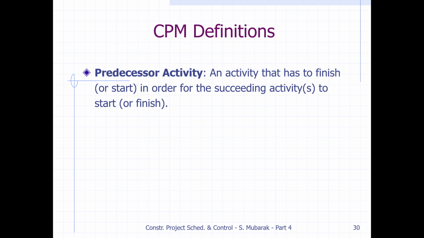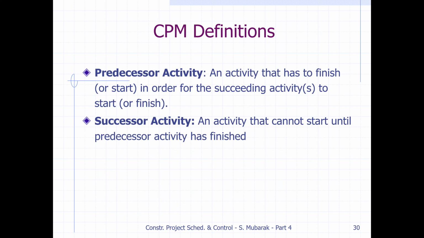Predecessor activity, a simple definition: the previous activity, an activity that has to finish or start in order for the succeeding activities to start or finish. These are the predecessor activities and successor activities.